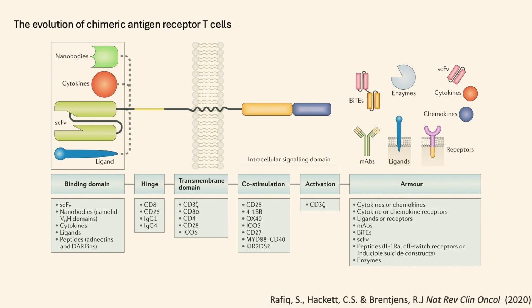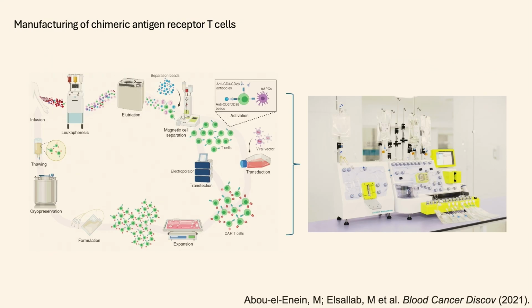And just quickly, the manufacturing of the CAR T cells usually starts with the apheresis material that can then be further purified using elutriation or moving directly to the magnetic cell separation. And then the activation of the T cells using either antigen-presenting cells or beads or antibodies.